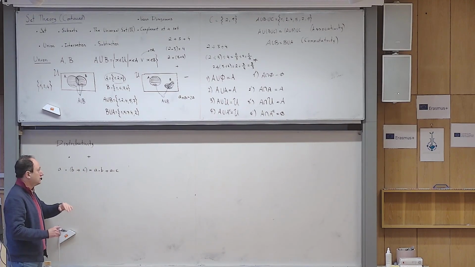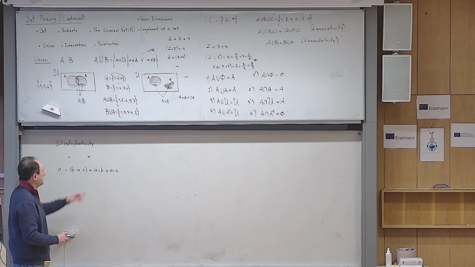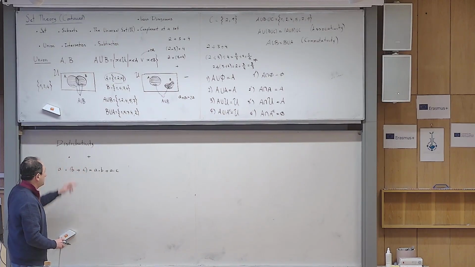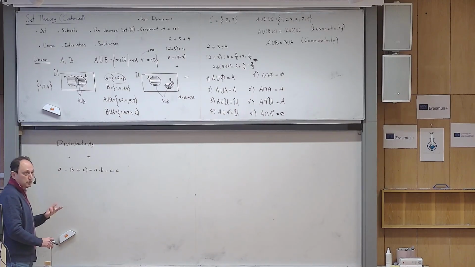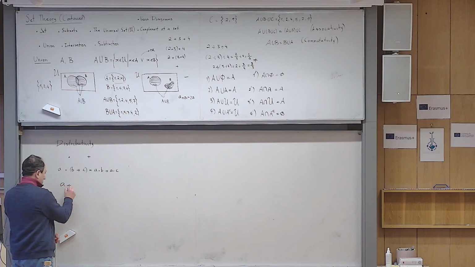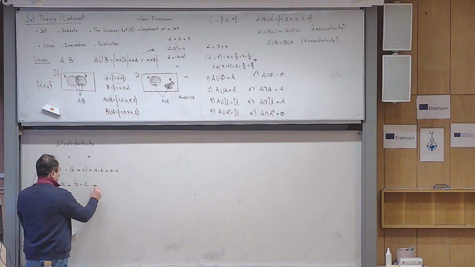Okay? Now let us assume that we don't know if it is true or not, but I wanted to see how it looks. If addition is distributive over multiplication, how would I write the formula? Is it A plus B times C equals A plus B times A plus C?